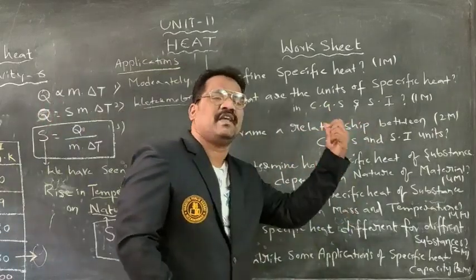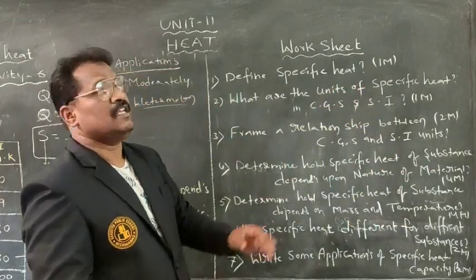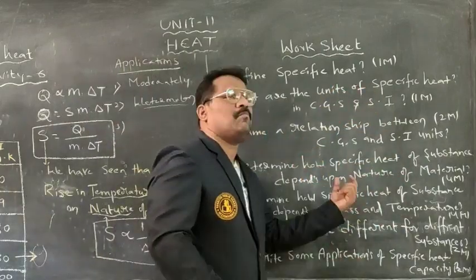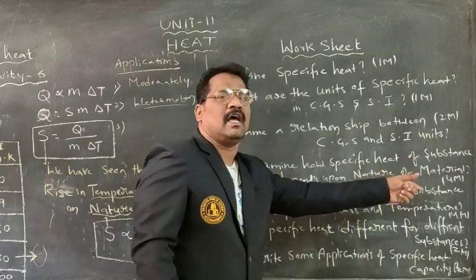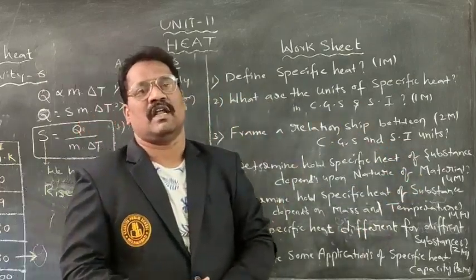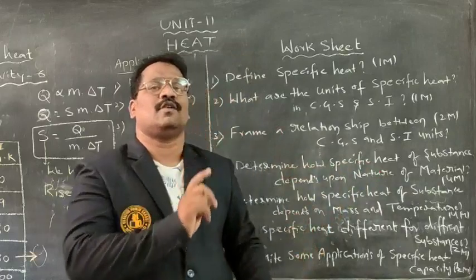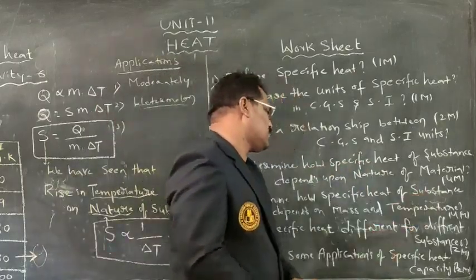Determine how the specific heat of a substance depends upon the nature of the material: a direct question for 2 marks. Next, determine how the specific heat of a substance depends upon the mass of the body as well as the temperature of the body. That question can also be asked for 4 marks.